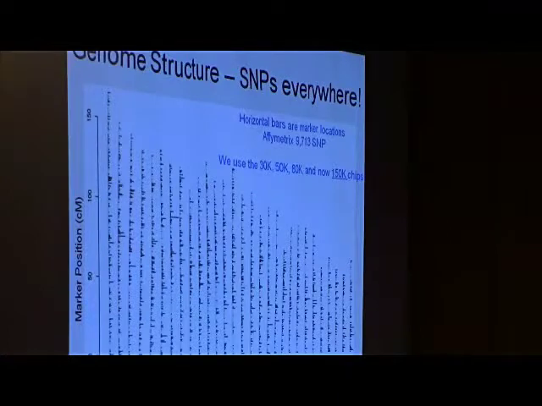So these are what we test for when we do the DNA testing. This image shows the 29 chromosomes, the sex chromosomes are left off, and along those chromosomes, at every one of these little dashes, is a SNP. And this is for a 10,000 SNP test. So what you can see is that they are all over that genome.